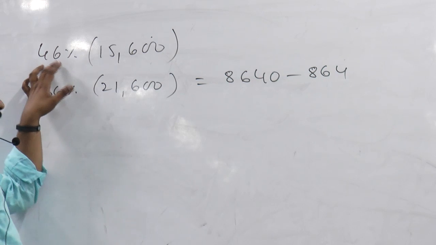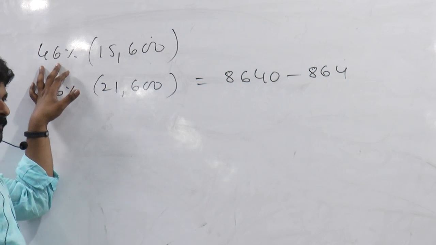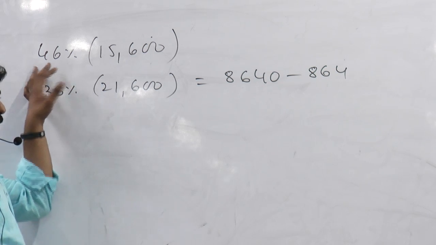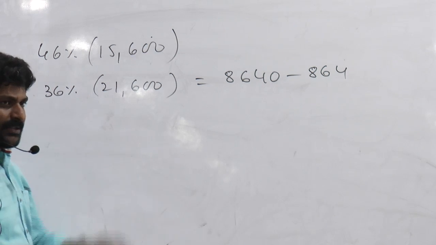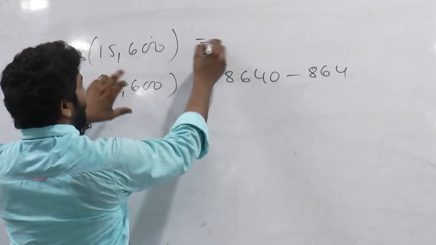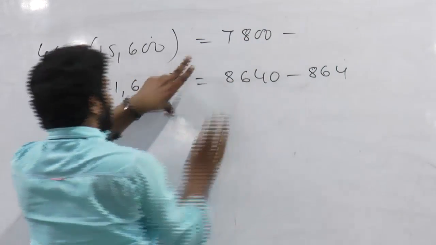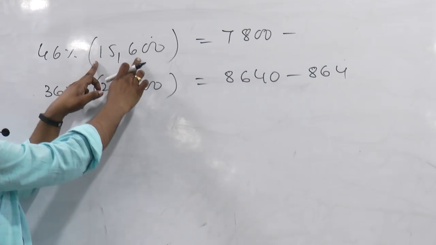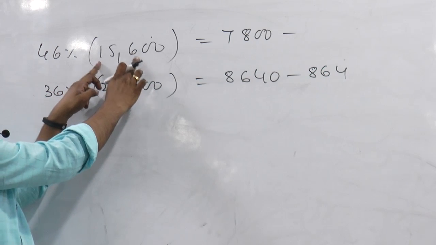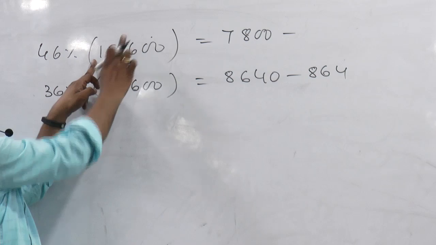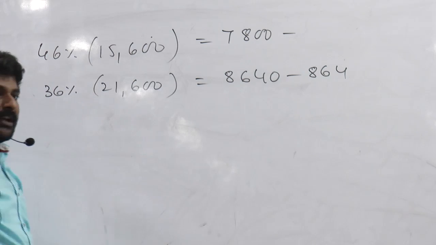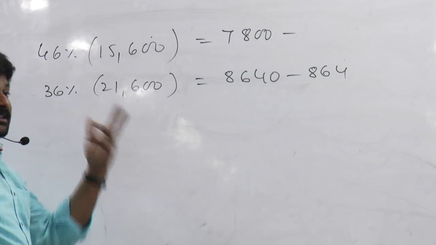Now, 46%. How will you get 46%? 50% minus 4% is also fine. No issue. 50%, half of this. 7,800 minus 4%. 1% is 156. 1% is 156. Forget about the 6. We'll do that later. 154 times 4. 6 fours, 36.